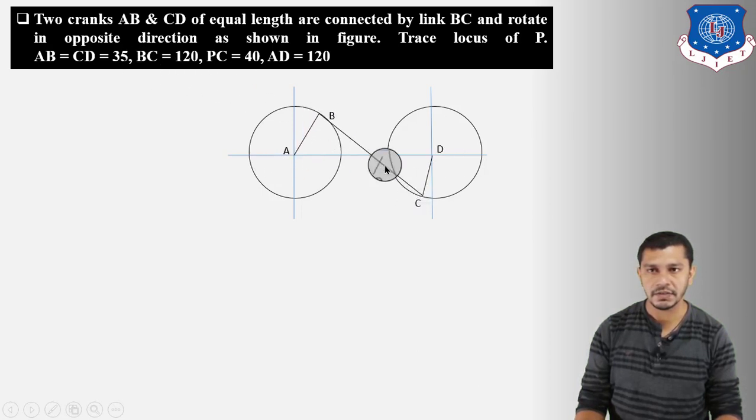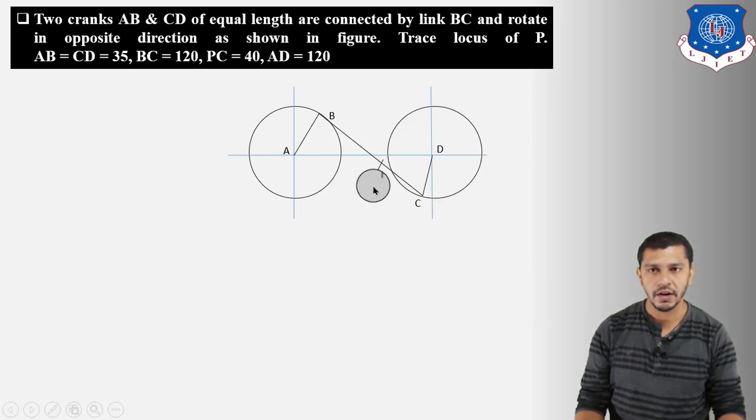The length of connecting link BC is 120 mm. The length of PC is 40 mm, so the point P is 40 mm from point C. And AD is 120 mm. That means the distance between the centers of rotation of the two cranks, A and D, is equal to 120 mm.